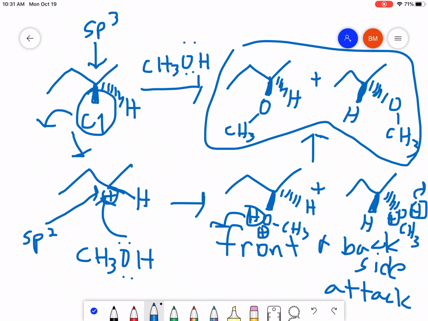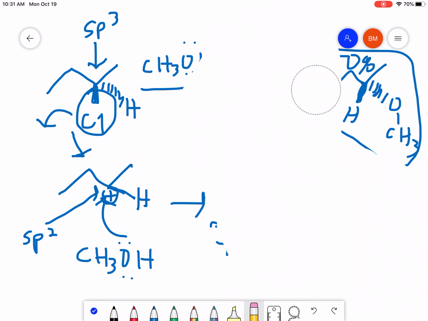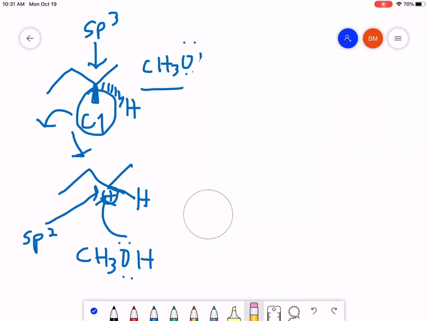And you'll get them in equal amounts. Always. Okay? So the stereochemistry is not quite as well defined with SN1s. You don't just get one particular stereoisomer. You always end up with a mixture of them.